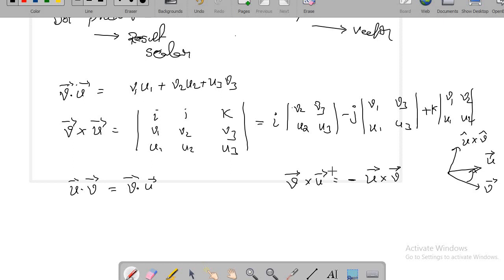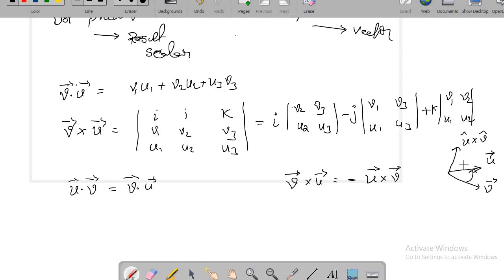It is simply, you know that right hand rule, right? So when you rotate it in an anti-clockwise direction, the resultant will be upwards, whereas when you rotate it in a clockwise direction, the resultant will be downwards. It means in one direction you get an upward vector, and in the other direction you get a downward vector. So upward, let us take it as positive, downward, let us take it as negative.